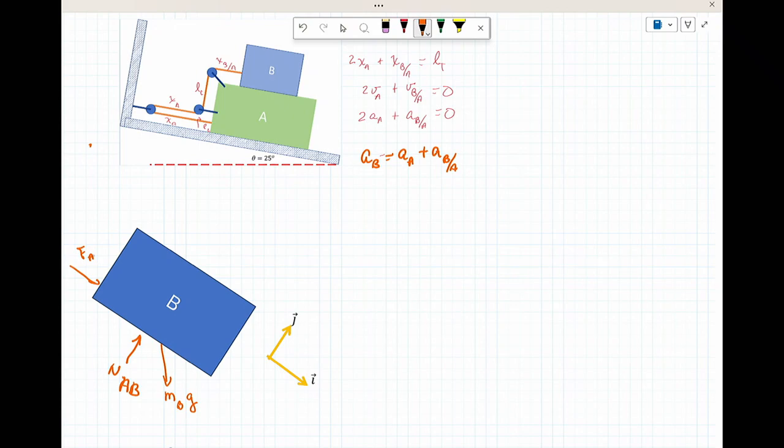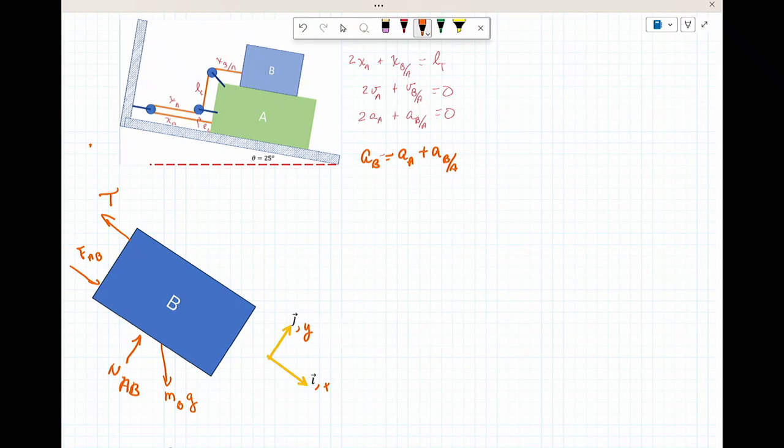I have the force of AB, and anything else? Tension. And I have defined my coordinate system, IJ, which is also XY, of course. I have all the forces acting on there. Yeah, okay.